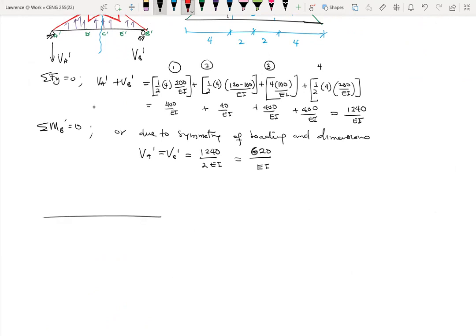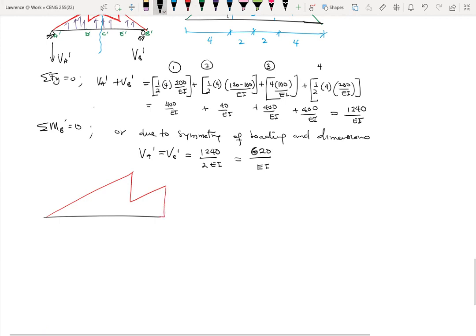Let me exaggerate the size a little bit. So this is the bigger size. Then it comes down and it goes this way. So this is how it will look. Great.